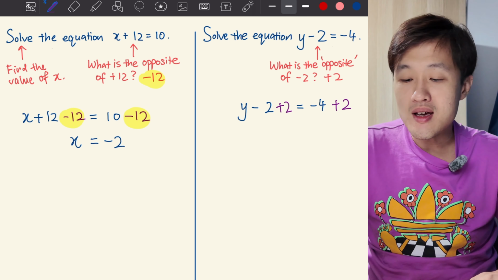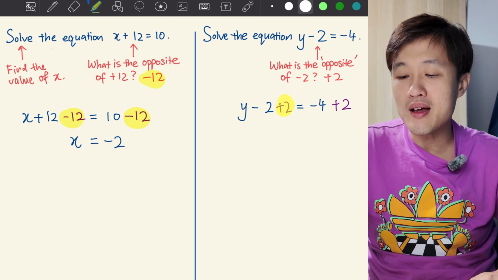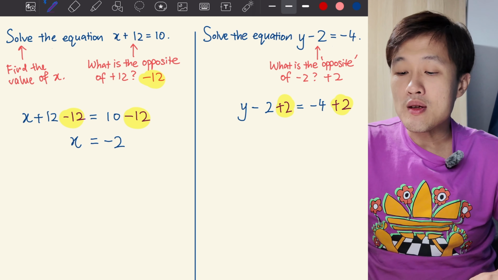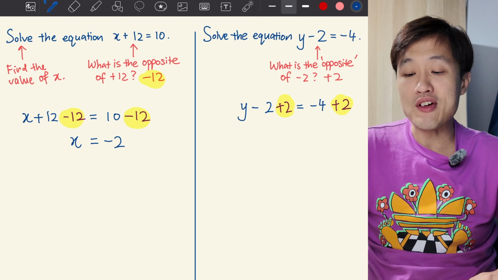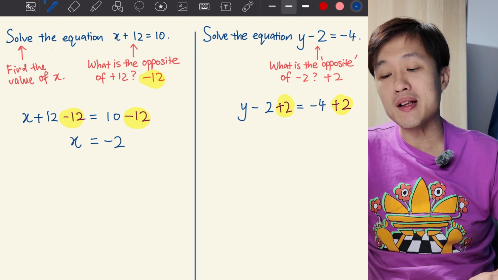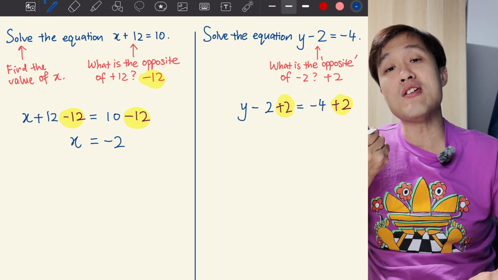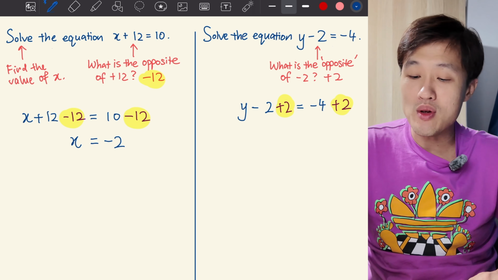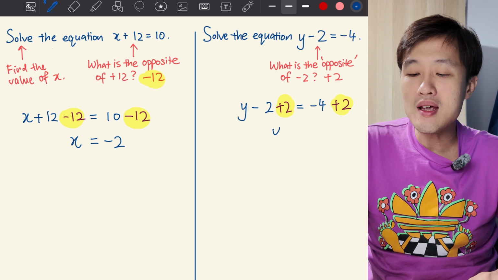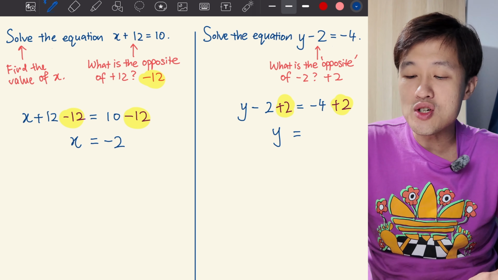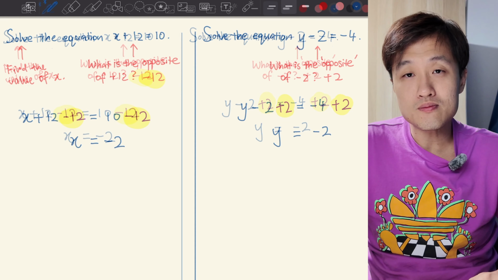So again, I will highlight this thing that we put in to form the zero pair on the left hand side. Right, so we have y minus 2 plus 2, which means we have successfully formed the zero pair on the left hand side. We now have y equals negative 4 plus 2, which is just negative 2.